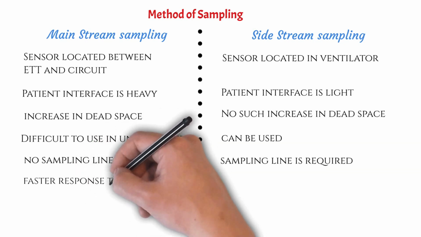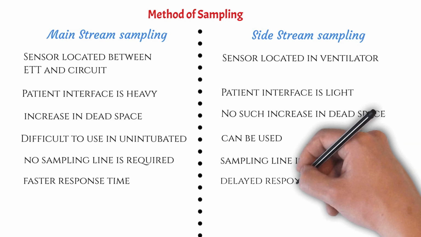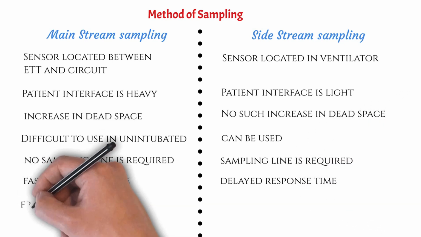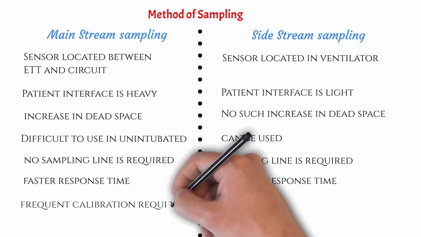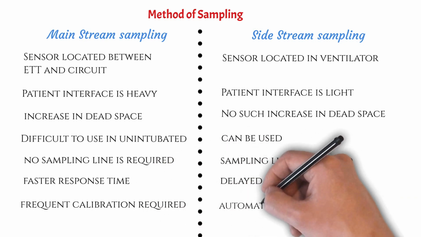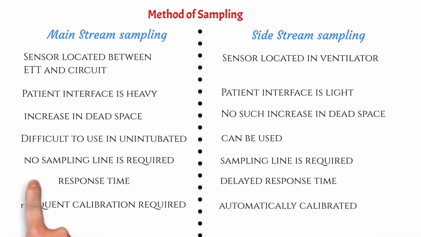There will be a faster response time in mainstream as the sampling line is not required, while the response time will be delayed in side stream. Frequent calibration will be required in mainstream, while side stream is automatically calibrated.